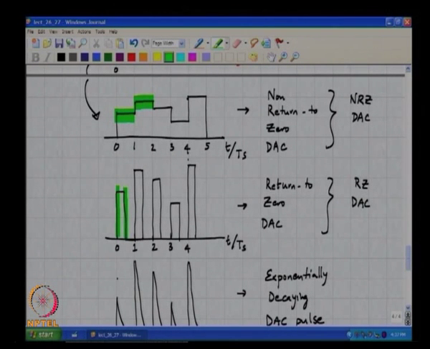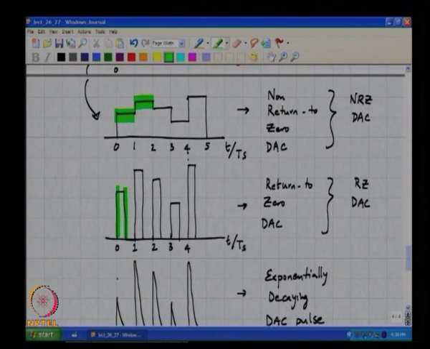But another non ideality is the fact that the steps are not all the ideal steps, there will be small differences because of mismatch, okay. And that is a non ideality, but even an ideal DAC is associated with a sampling rate and a pulse shape. The pulse shape can be either an NRZ or an RZ or an exponentially decaying pulse shape or a sinusoid shape pulse. I mean, the choice of pulse shape is yours, but you must have a pulse shape, correct.